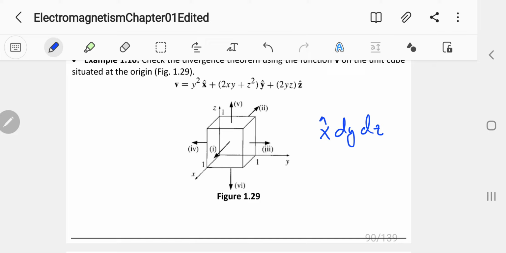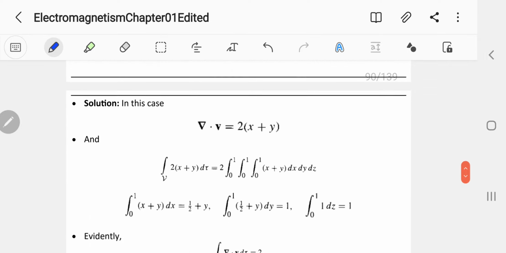You only have to integrate this one; you don't have a component of the y hat and the z hat in this surface, so you can only integrate this one here.